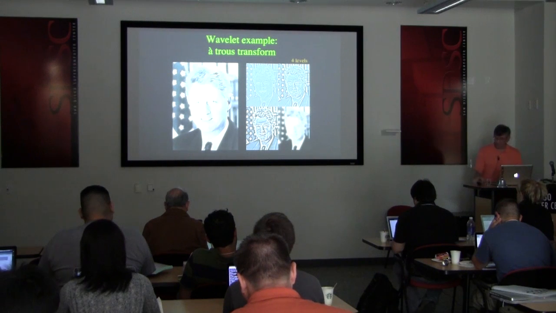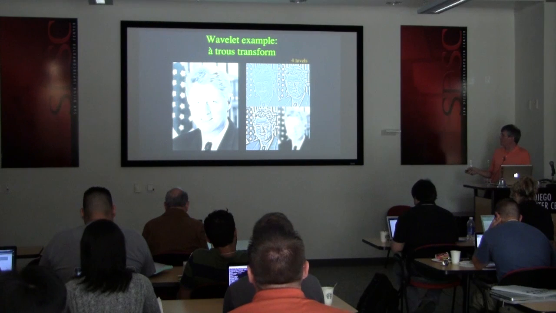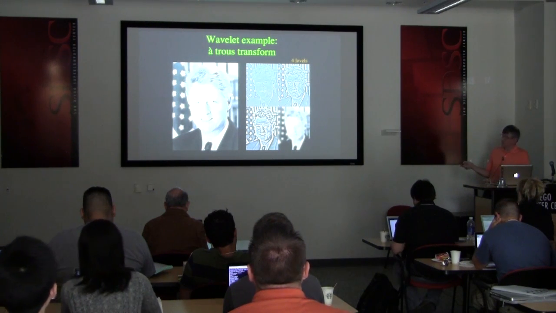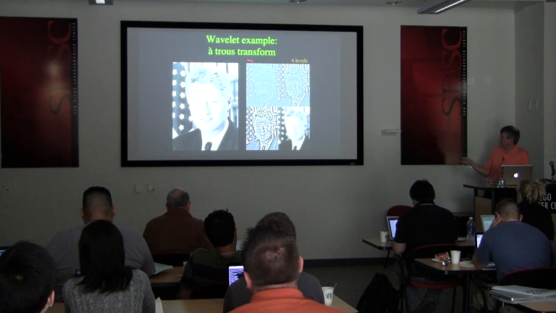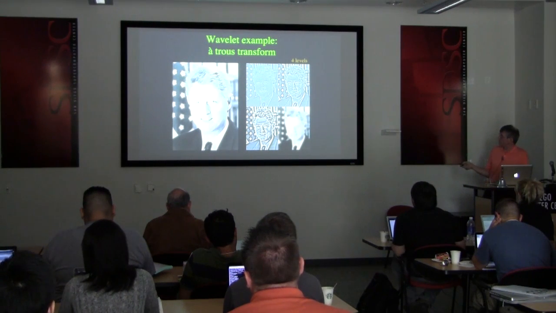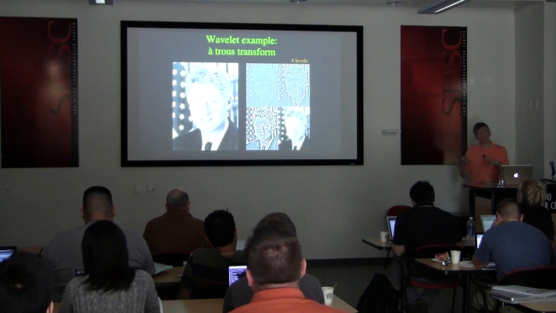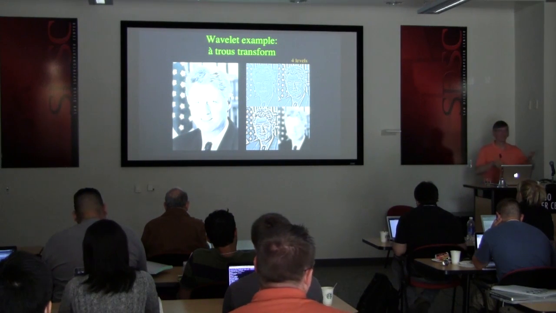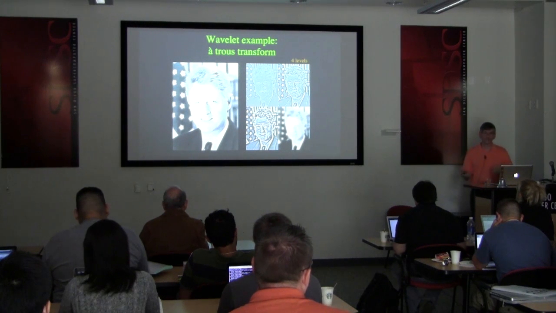So here's an example. This is a 4-level transform. Here's the original image. So this is the level 1 image. This has the sharp structures. This is a symmetrical transform, unlike the Haar transform where you had coefficients which had to do with x differences, y differences, and cross differences.